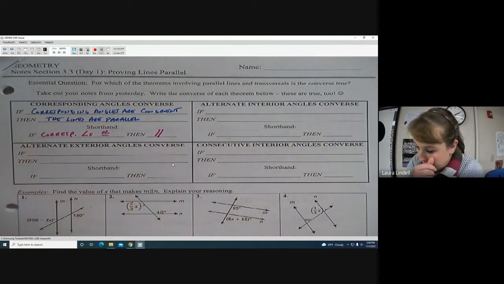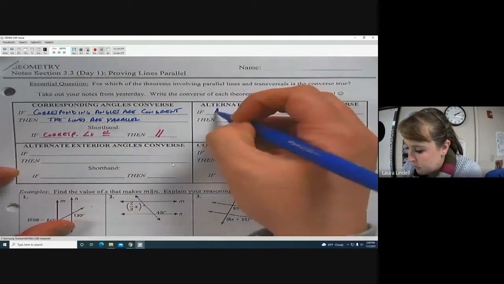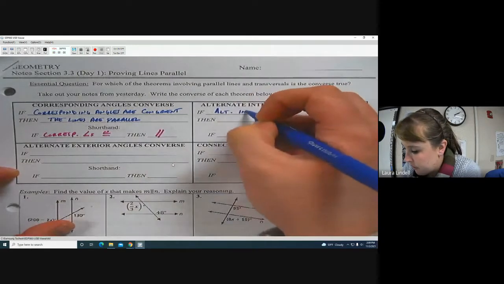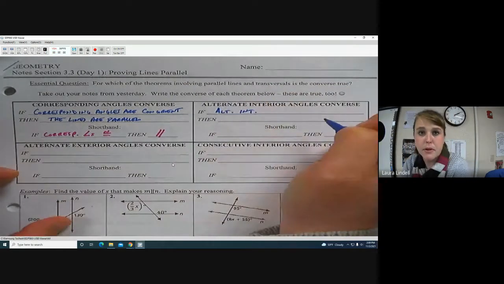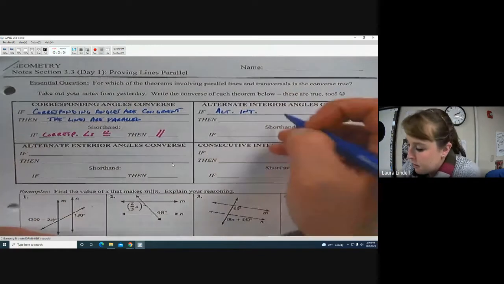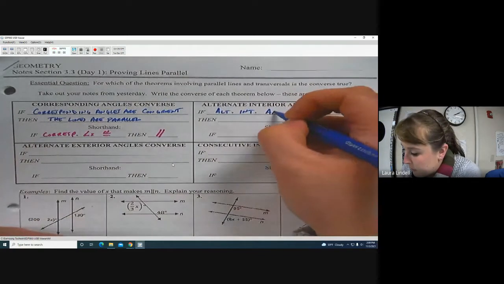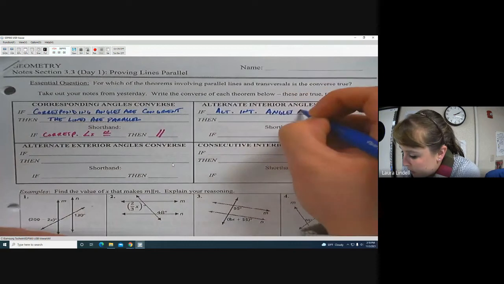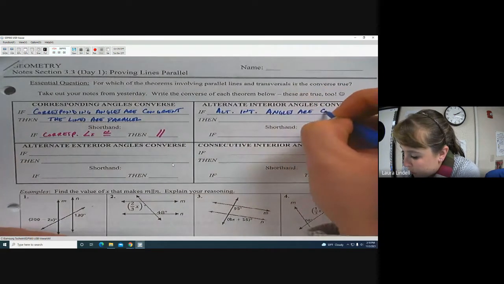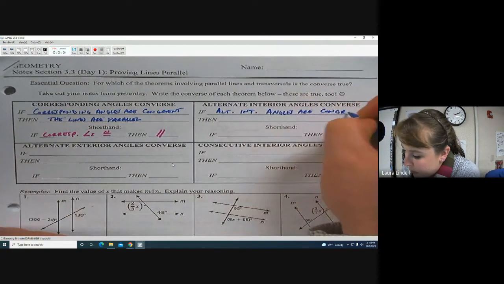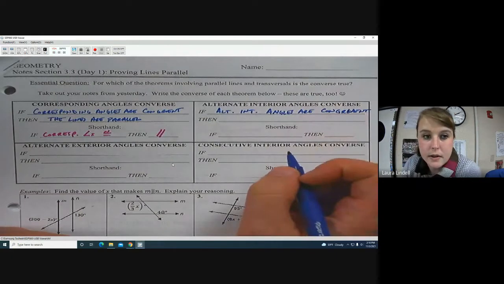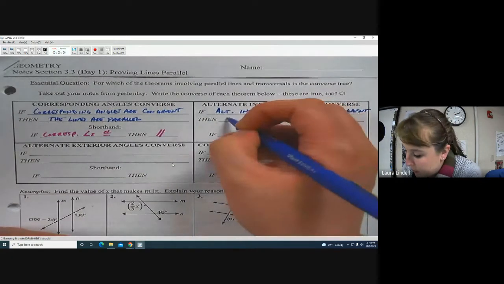All right, alternate interior angles is going to go very similarly. In fact, I'm going to abbreviate alternate interior to start with, since we've been abbreviating that all along. If alternate interior angles are congruent, because this was another one where the angles were congruent, then the lines are parallel.